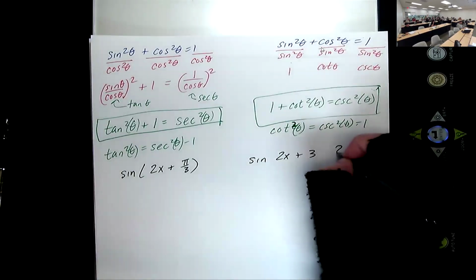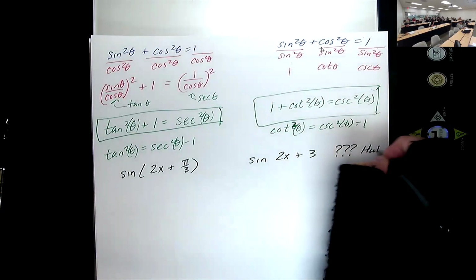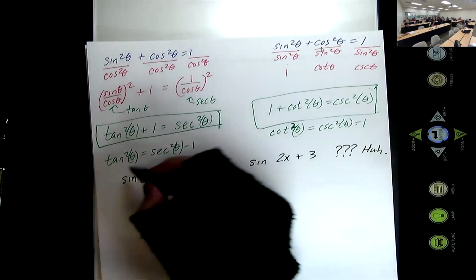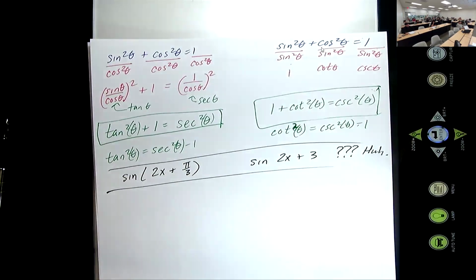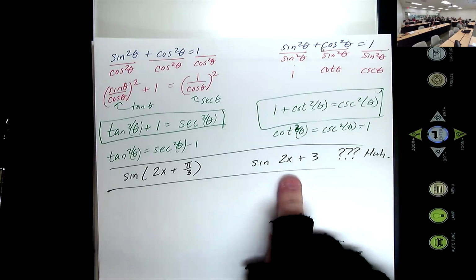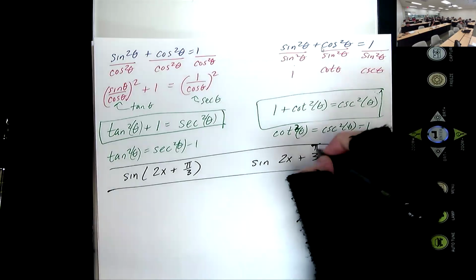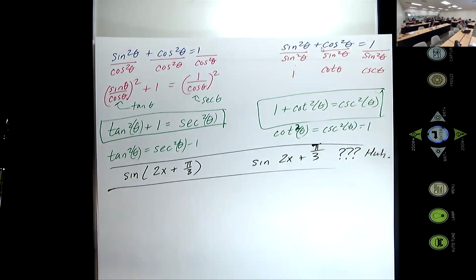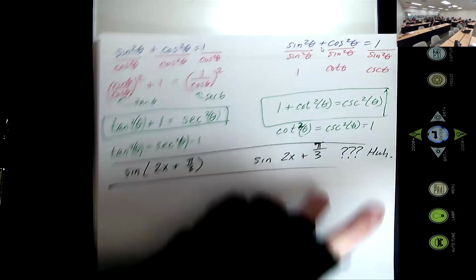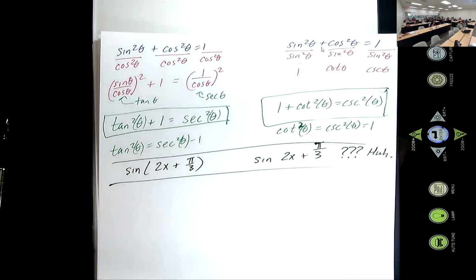So this is like a huh? So you're better off getting the habit of that. If something like this came up and you didn't have the parentheses here, you get marked wrong. I said pi over 3 here, but it looks the same. This would definitely be wrong because I think you're adding pi over 3 to sine 2x.